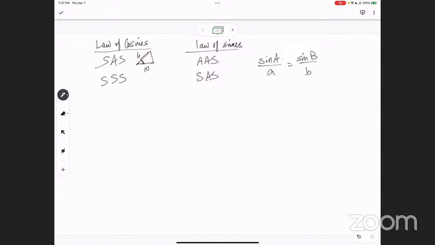And the law of cosines says something like c squared equals a squared plus b squared minus 2ab cosine C, or something like that. Did I get that right? I'm not sure.